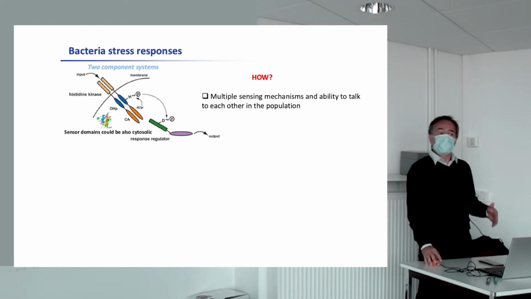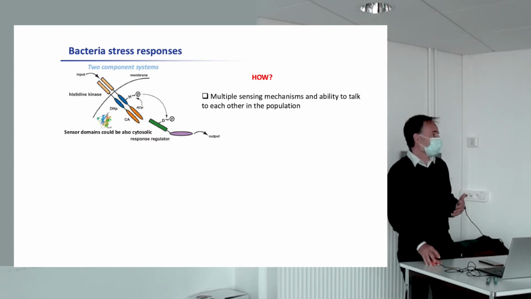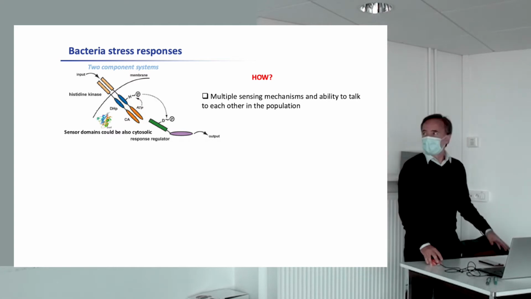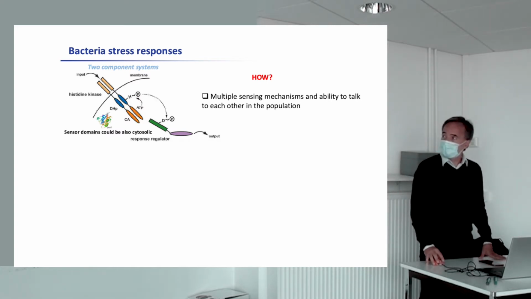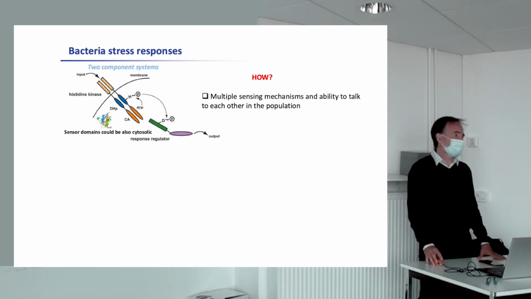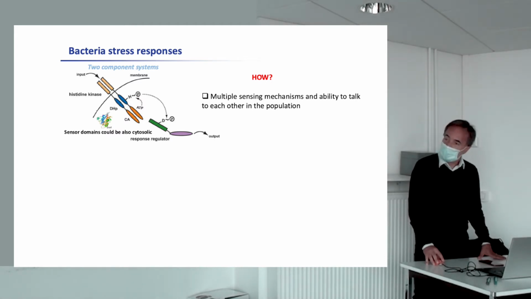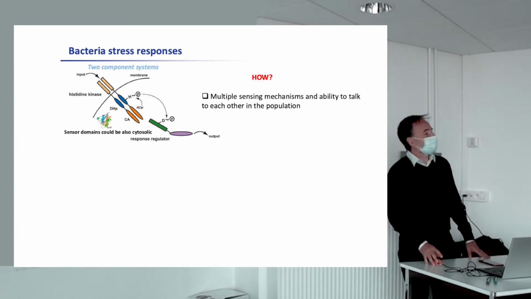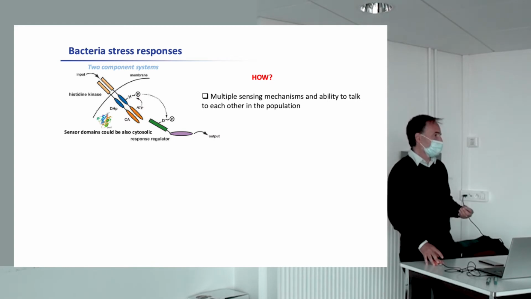Okay, so in my presentation today, we are going to see some of these two-component systems. In one case, the sensor domain is not on the membrane. We are going to see it in Mycobacterium tuberculosis, and this DosT protein is able to sense the absence of oxygen, so when the bacteria is in a hypoxic condition.